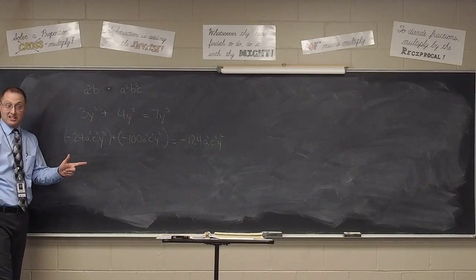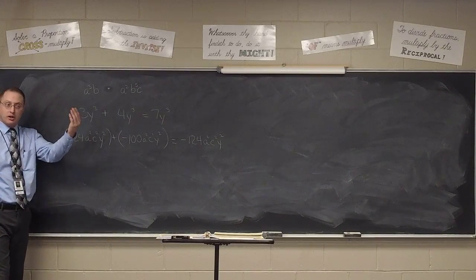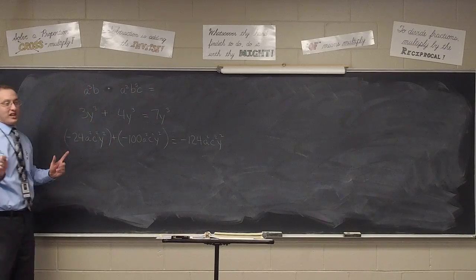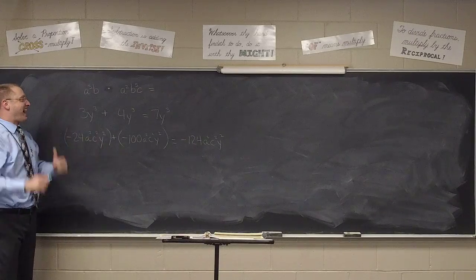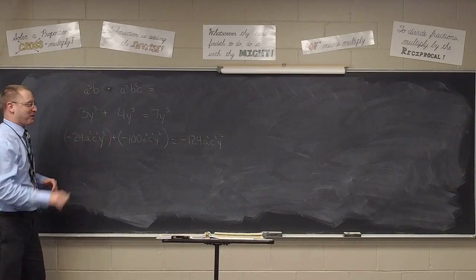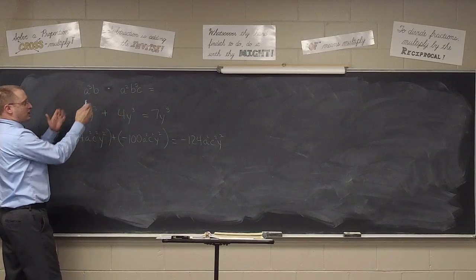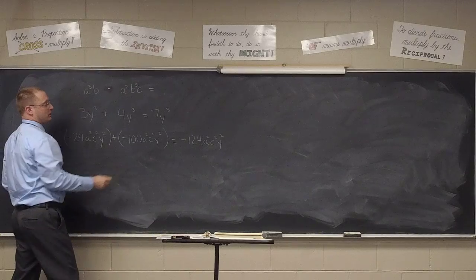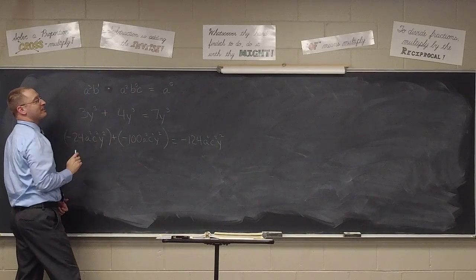And yesterday, class, we said that when you multiply like bases, you add the exponents. Let's try that again, class. When we multiply like bases, we add the exponents. Good. So when we add the exponents here, Joshua, what do we get as we multiply these together? A to the fifth, B to the fifth. Wait, no, B to the sixth.